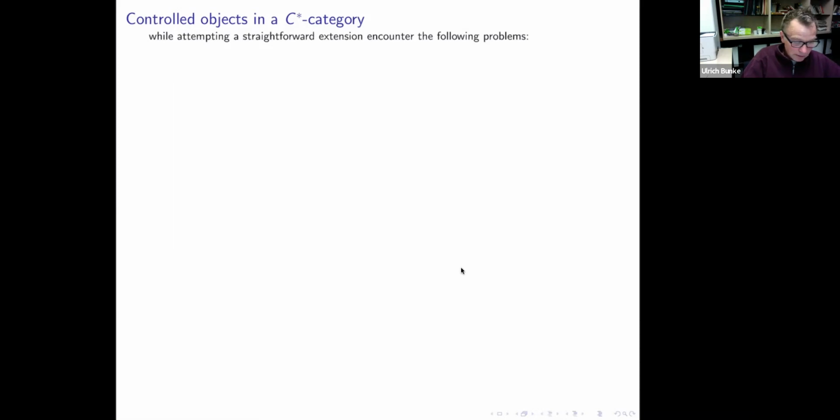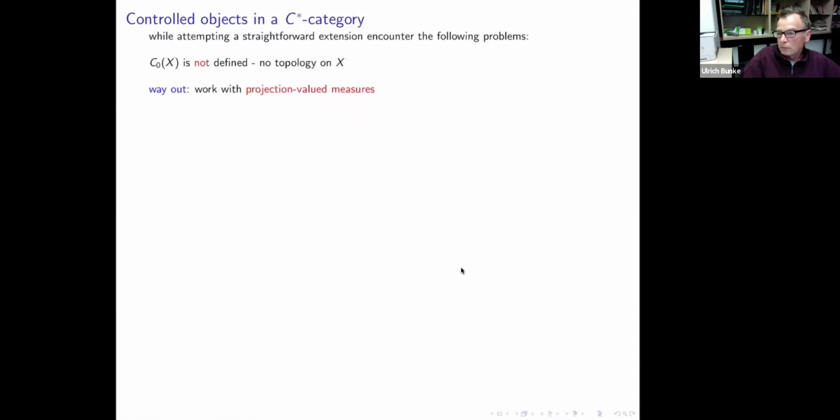If one wants to straightforwardly extend the classical definition, the first problem is that the algebra of continuous functions vanishing at infinity on X is not really defined, because there's no topology. Of course, one could work with the discrete topology if one wants to. Our way out is to work with projection valued measures.